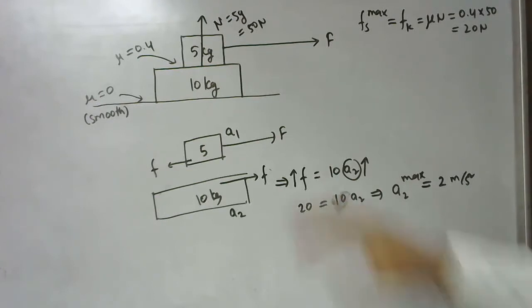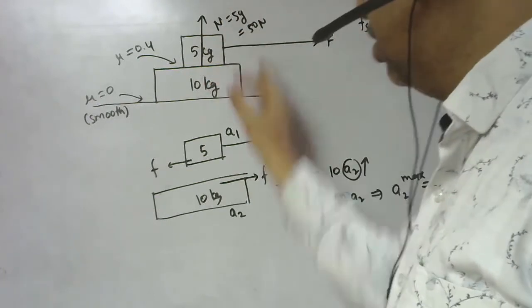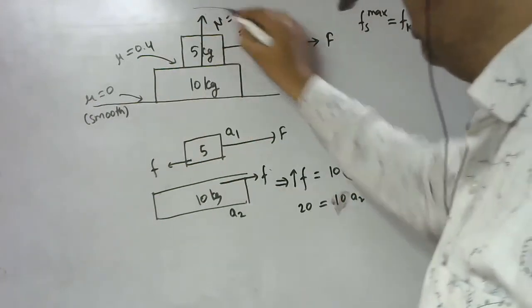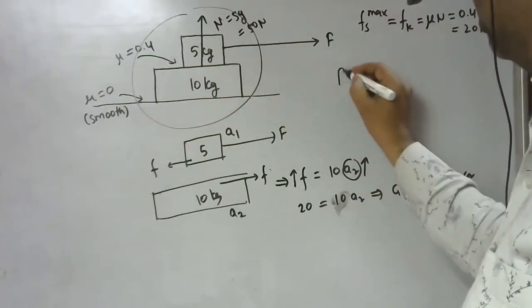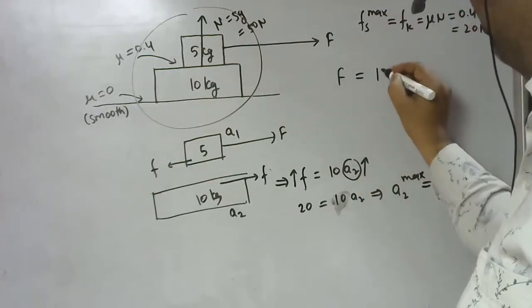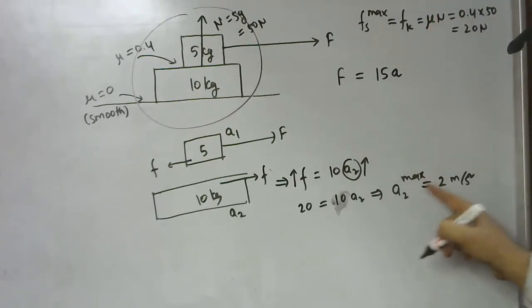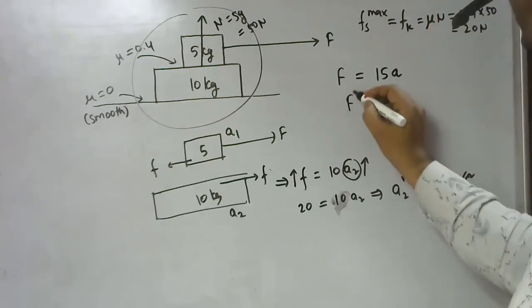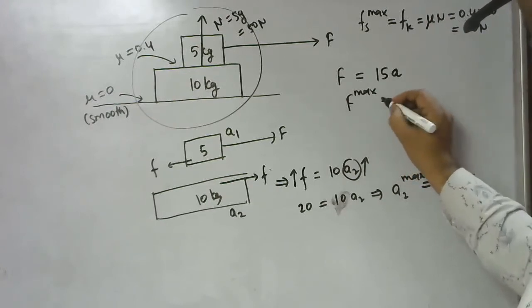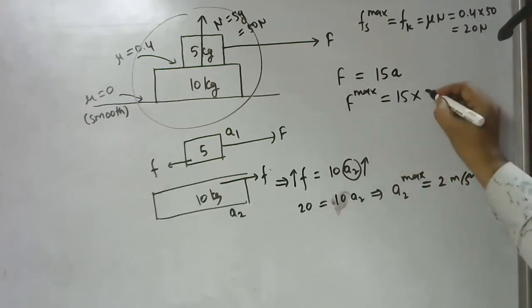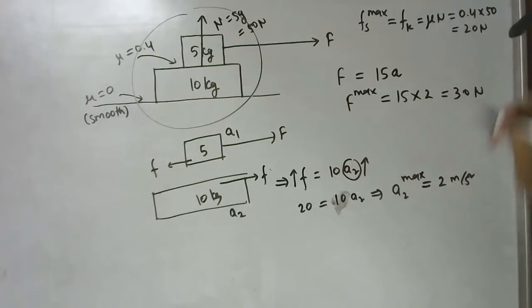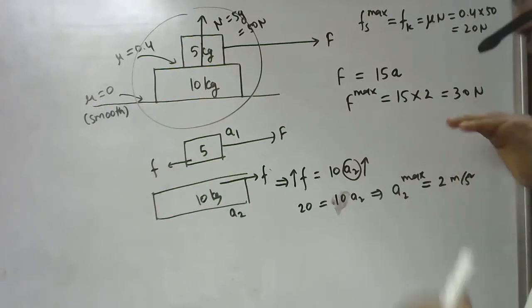If they move together, we can take these two as a single body, our system. This can be written as F equal to 15a. So putting a2 equal to 2 here, the maximum force equals 15 into 2, 30 Newton. So this is the limiting force.